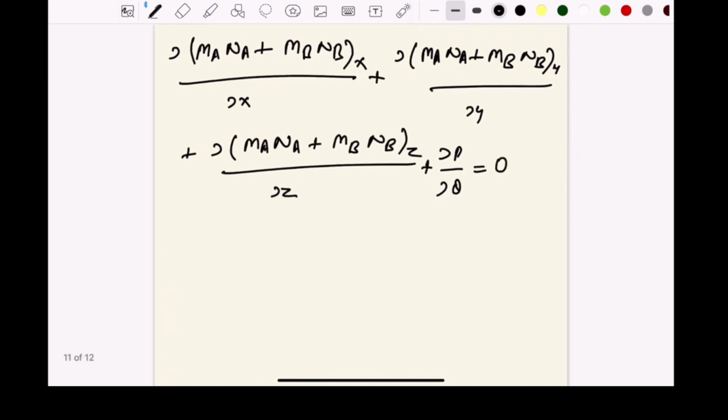So this is equation number 10. This is the combined mass balance equation for components A and B.